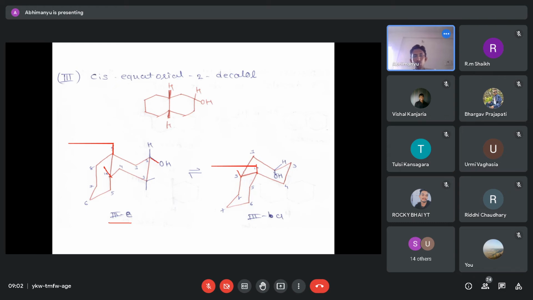E stands for equatorial. The ring flipping structure is 3 axial. Again, I repeat, this is 3 equatorial, and its ring flipping structure will be 3 axial. We always know the energy of the cis is always less. But if you focus on these two ring flipping structures, again it's simple.